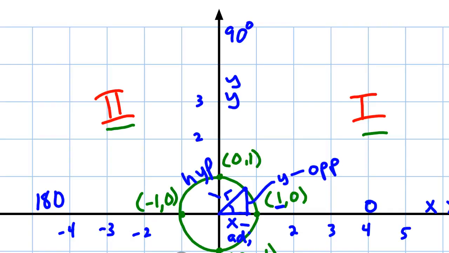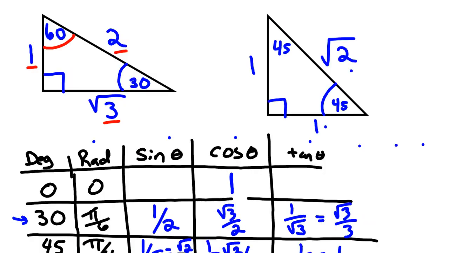Well, 0 degrees has the coordinate 1, 0. It's just your y-coordinate, which is 0. Okay. And so sine of 0 is 0. Cosine is 1. Tangent is y over x, which would be 0 over 1 for 0 degrees, and that would just be 0.